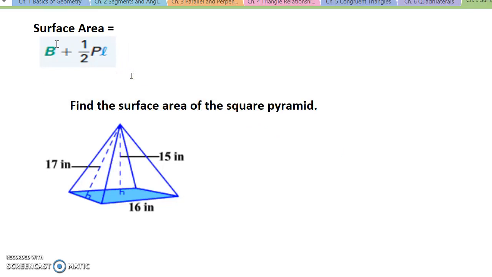Okay, so first is finding the area of the base. And we know that the base is shaped like a square because it tells us in the directions to find the area of the square pyramid. So the area of the square is just the length of the side squared, and that's equal to 256.